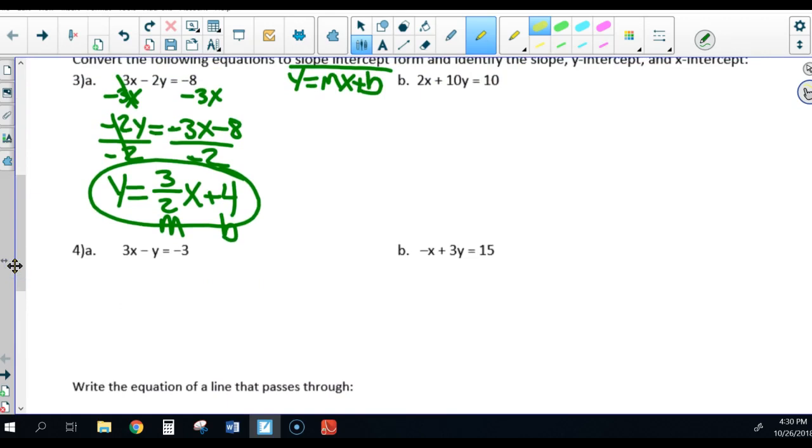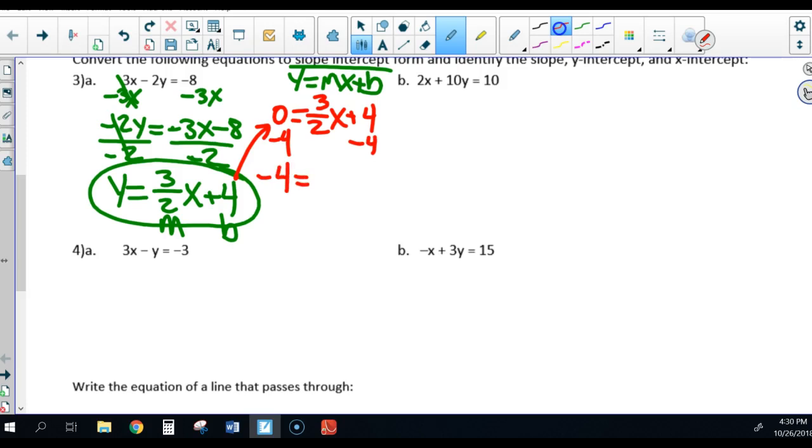So take this equation that we just found and make the y 0. 0 equals 3 over 2 x plus 4. Solve for x. Numerical solve or opposite operations. Negative 4 equals 3 over 2 x. To cancel out a 3 over 2, we can divide by 3 over 2.